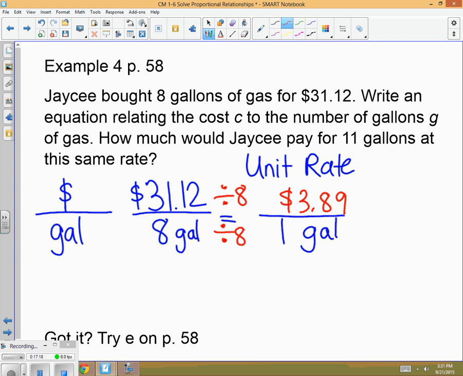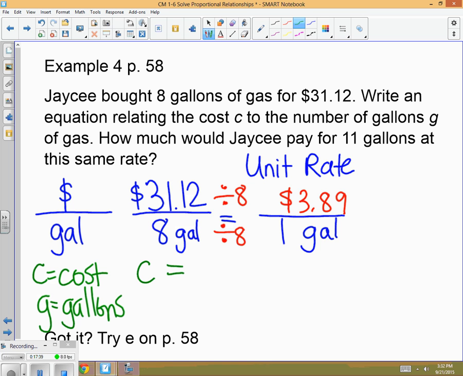Now we need to write an equation for the cost. So C represents the cost, and G represents the number of gallons we're going to buy. The cost is dependent upon the gallons. The more gallons of gas, the more the cost. So cost is equal to the price, 3.89, times the number of gallons.